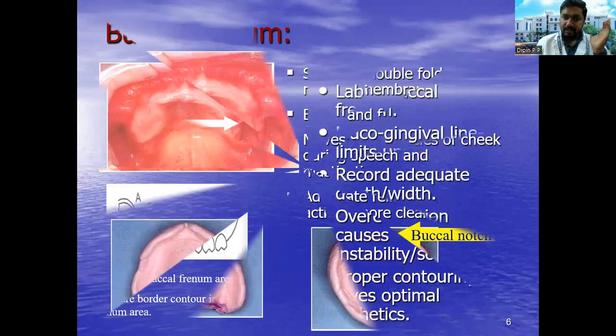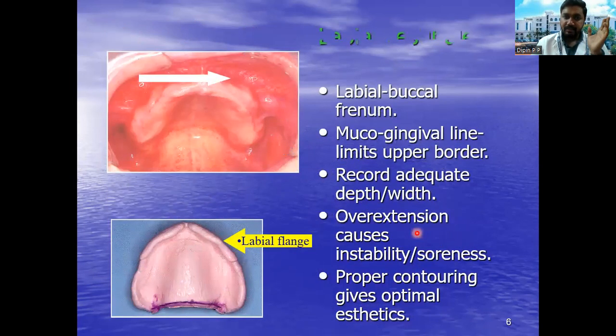In between the labial frenum and the buccal frenum, we have the labial vestibule. The labial vestibule extends between the labial frenum and the buccal frenum. The width and depth of this labial vestibule should be recorded during the border molding procedure or during the complete denture fabrication itself.